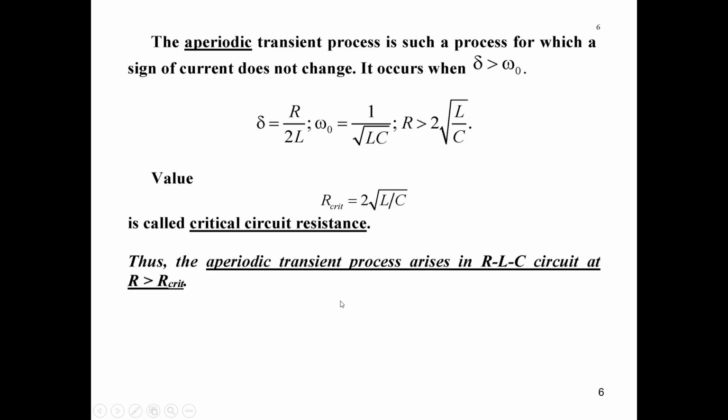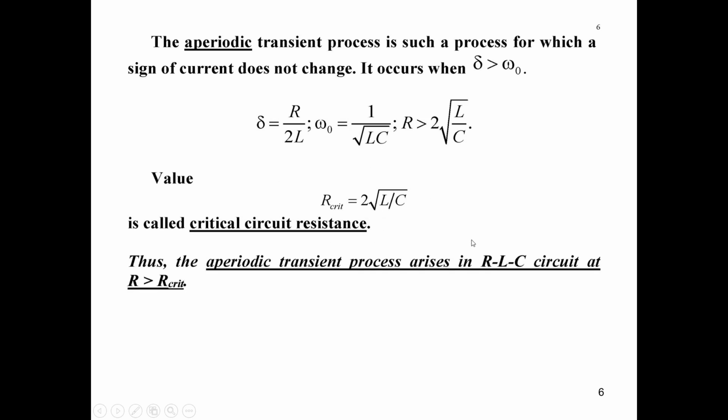And it may be concluded that aperiodic transient processes occur in an RLC circuit when the resistance of this circuit is greater than this critical level equal to 2 square root of L over C.